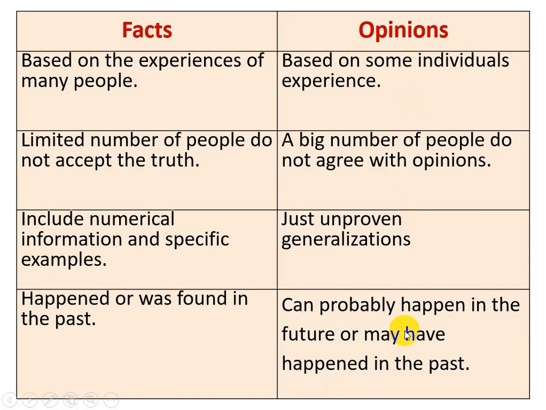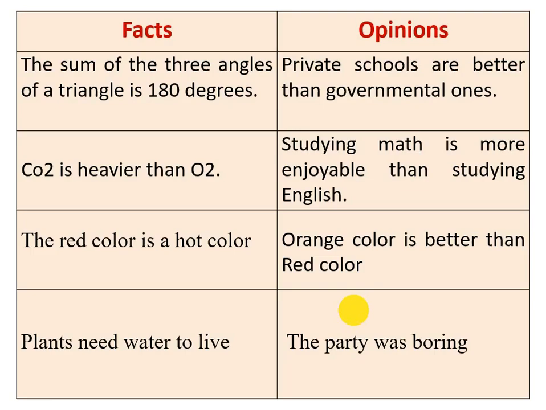While opinions may happen in the future or may have happened in the past. So this is very important, because facts are well established, agreed upon, and settled because they happened or were established in the past, years ago or even decades ago, while opinions are just unproven things.